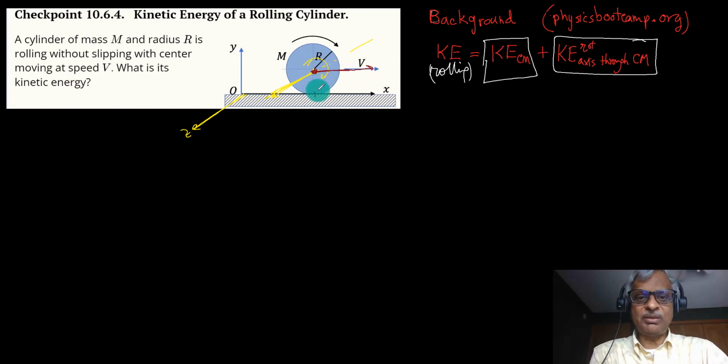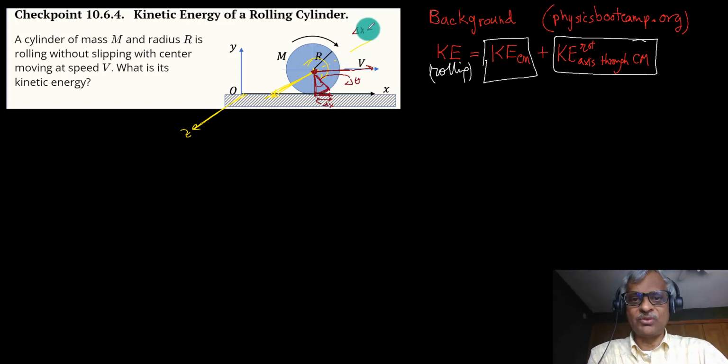And if it's not slipping, say you mark an angle here. If it's rotated by that much angle, the distance it will move will be equal to that arc distance. So if this is delta theta and this is delta x, they are related to each other.